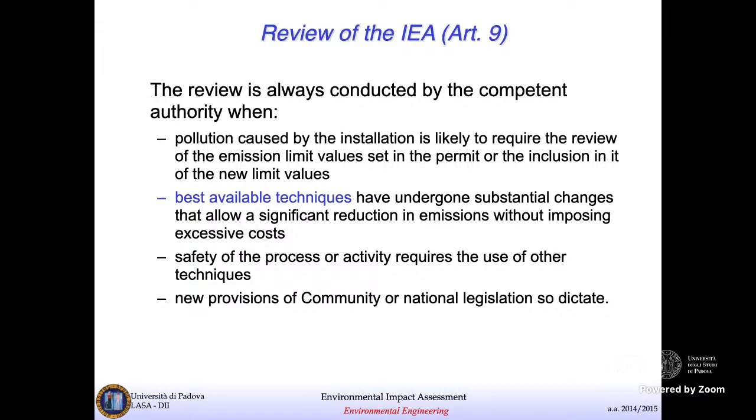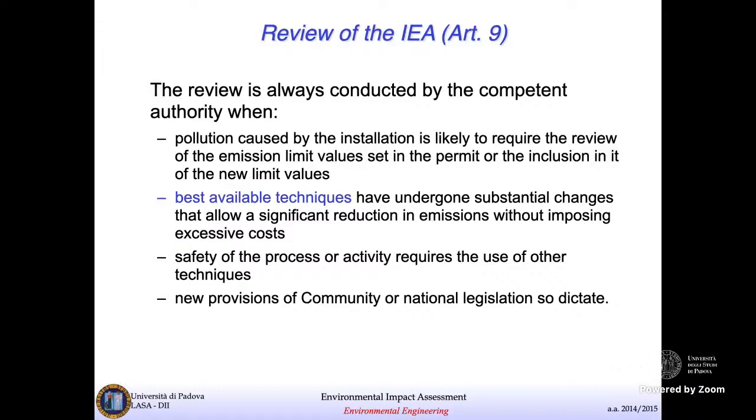The review is always conducted by the competent authority when pollution caused by the installation is likely to require the review of emission limit values set in the permit or the inclusion of new limit values.